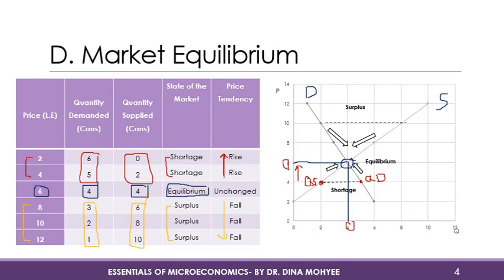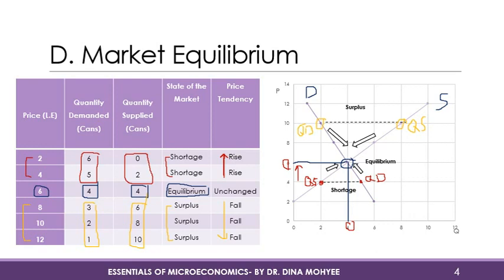On the other hand, at any price above the equilibrium price, we can find that the quantity supplied is greater than the quantity demanded. This is the quantity supplied. The quantity supplied equals 8, while the quantity demanded equals 2 at the price of 10.